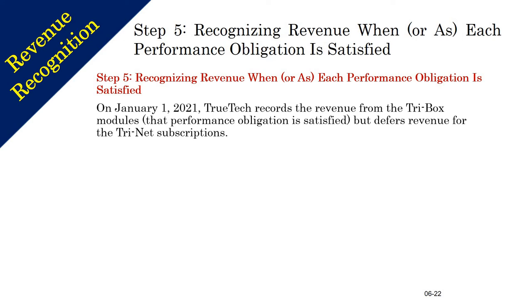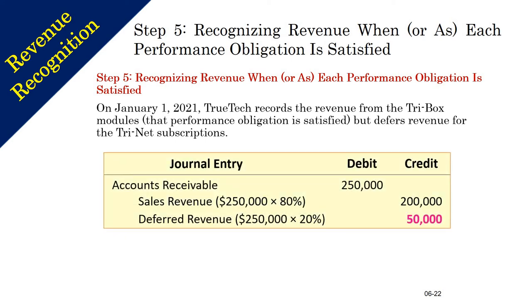On January 1, 2021, TrueTech records the revenue from the Tribox modules, but defers revenue for the TriNet subscription. See that: accounts receivable debit, and sales revenue 200,000, and deferred revenue. We have already delivered the Tribox, which is why we have recorded the sales revenue for this 80%.